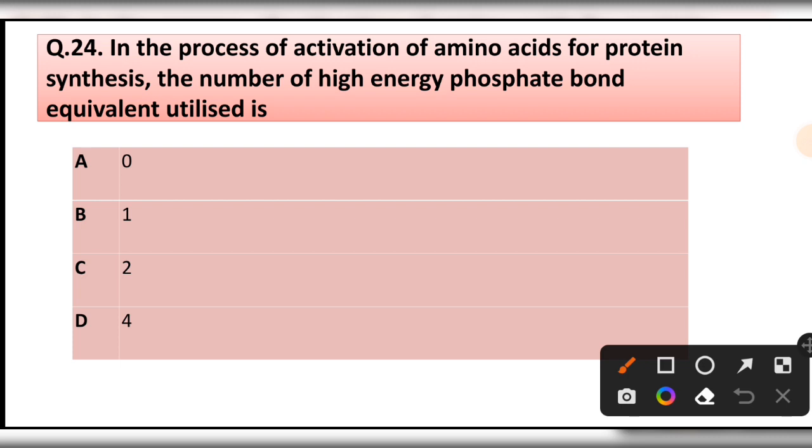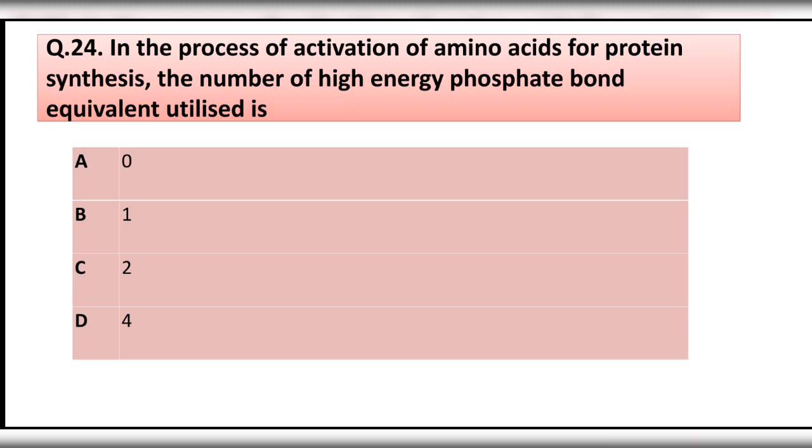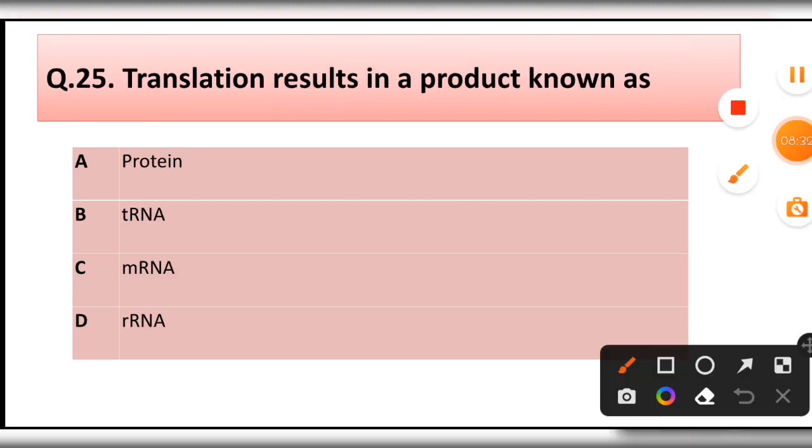In the process of activation of amino acid for protein synthesis, the number of high energy phosphate bond equivalents utilized is. Correct answer is option C, 2. Question 25. Translation results in a product known as. Correct answer is option A, protein.